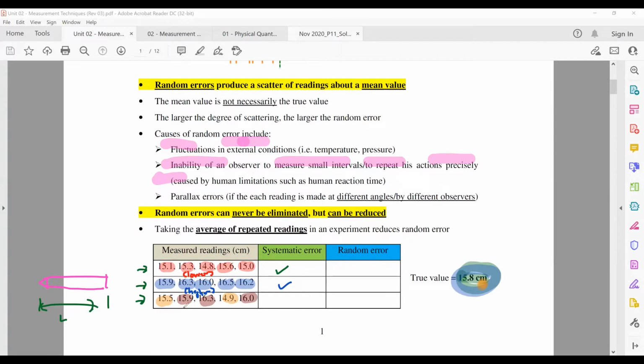So the third set of readings is a mix of values above and below your true value, and cannot be classified as systematic error. For systematic error, you must have all of them either above or below your true value. If you have a combination of above and below, it won't be classified as that. It will be classified as another type of error, which I will talk about later.